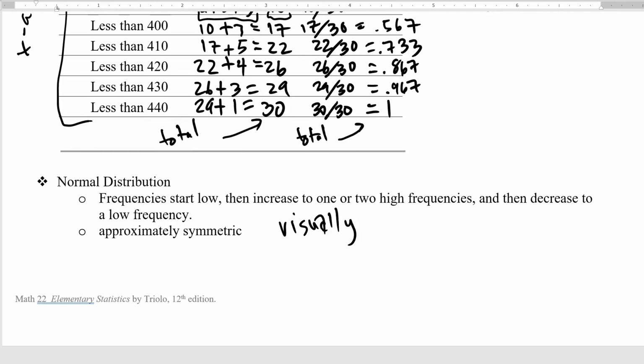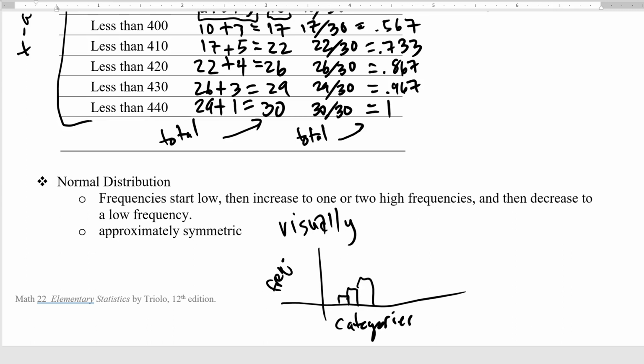what we have is we start with, these are our categories. This is our frequency or relative frequency or whatnot, but it started low, it got high, it reached a peak, and then it starts going back down. Tends to be symmetric.